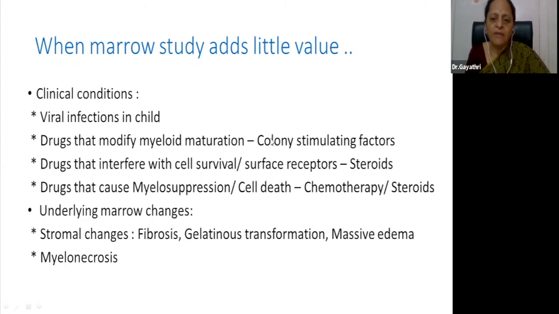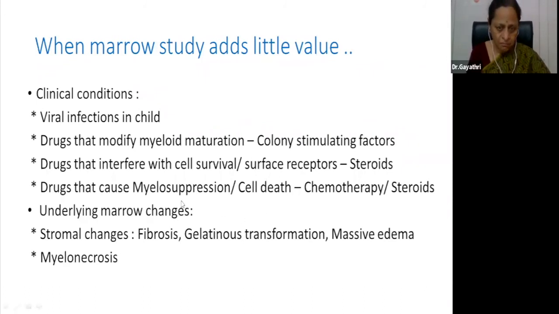Take all the available history. Take help from everything, every bit of information that comes with the patient. That is the patient's history, clinical examination, the additional investigations, biochemical evaluations, radiologic evaluations, and so on, before you do an invasive procedure, which is a marrow evaluation.